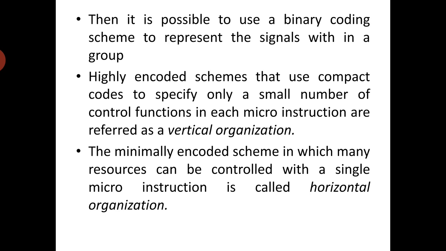Here our ALU will perform 16 functions or 16 operations. In order to represent these 16 functions, we require 4 bits, ranging from 0 to 15, a total of 16 functions.